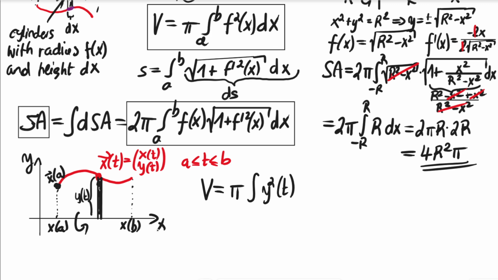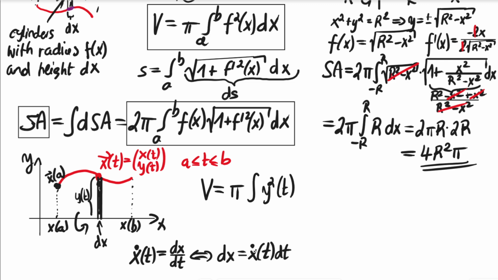You cannot write dx, so you need an additional trick. The trick is the following. The time derivative of x of t, you can write as dx dt. And you just express the infinitesimal length dx now as x dot t dt.